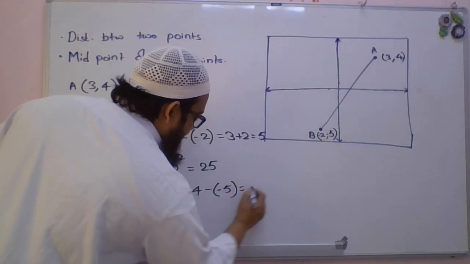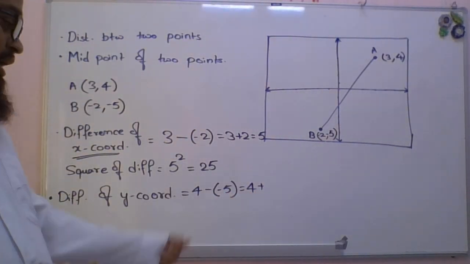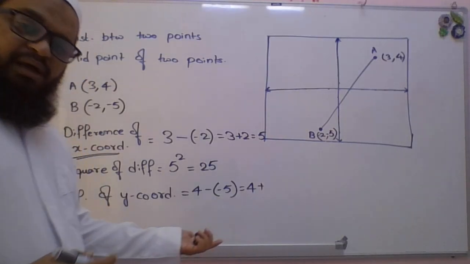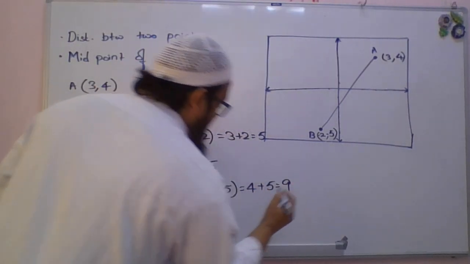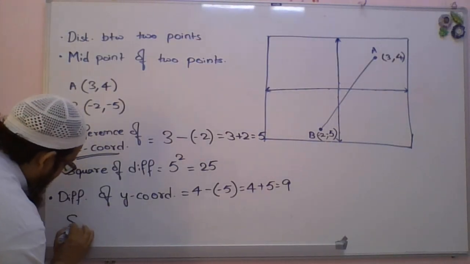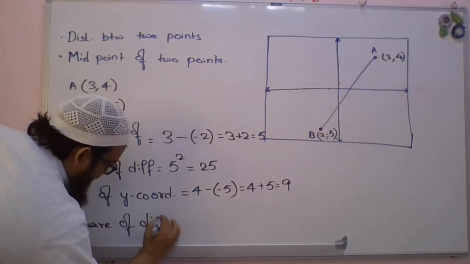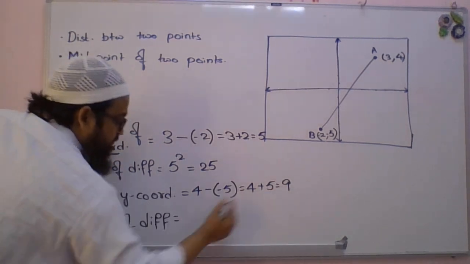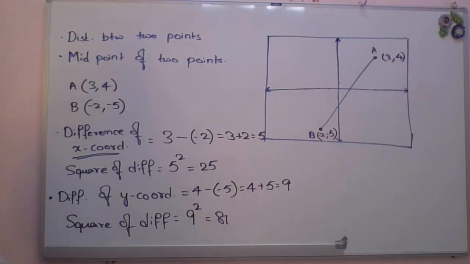Minus of minus will be plus. We have seen in number systems, debt of debt will be fortune. So 4 plus 5 is equal to 9. The next step is the square of the difference. So 9 squared is equal to 81.